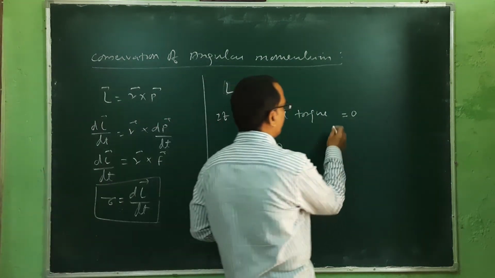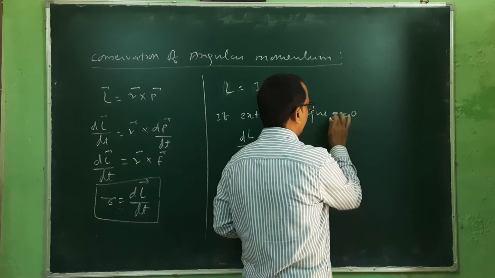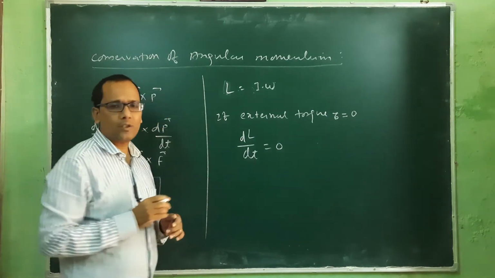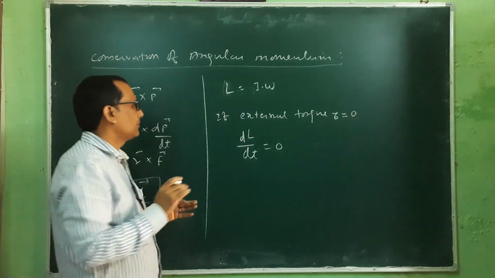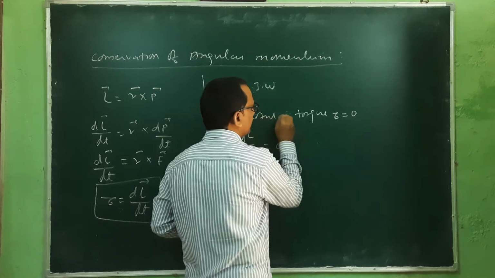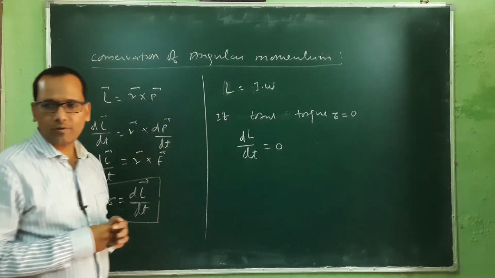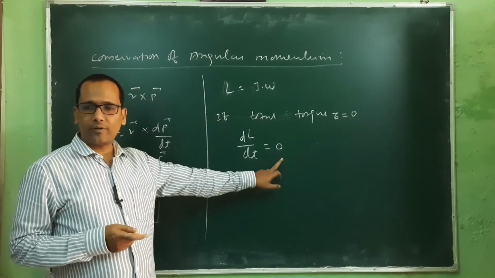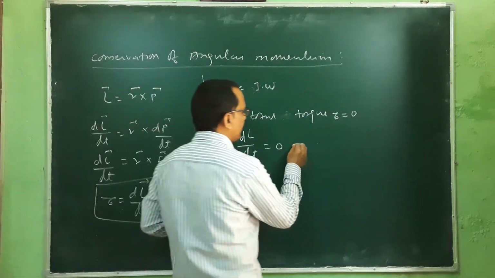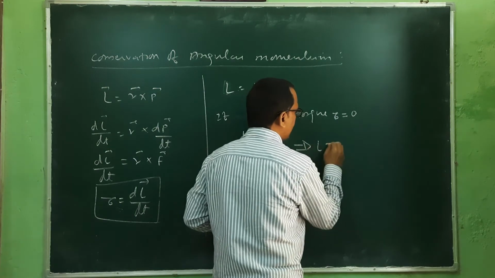And this external torque tau, you can say total torque also. The total torque of that system is 0, not external. If the total torque of the system is 0, tau is equal to 0, then dL by dt is equal to 0. And what does it mean? This implies L is either 0 or constant.